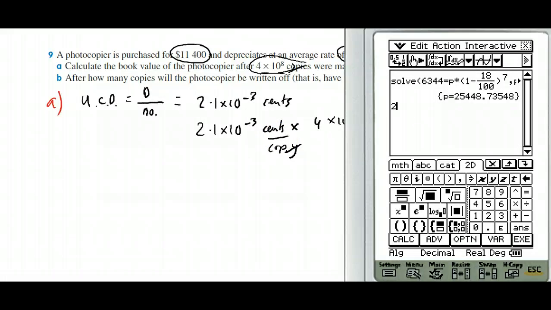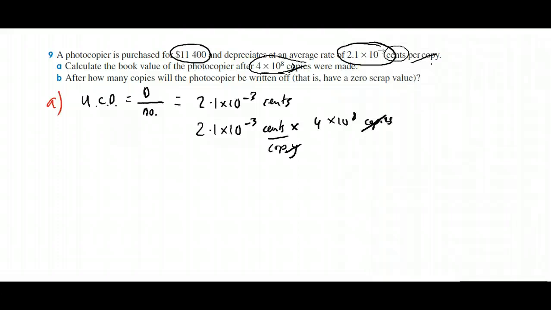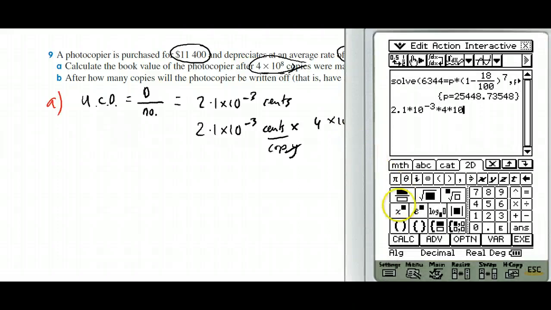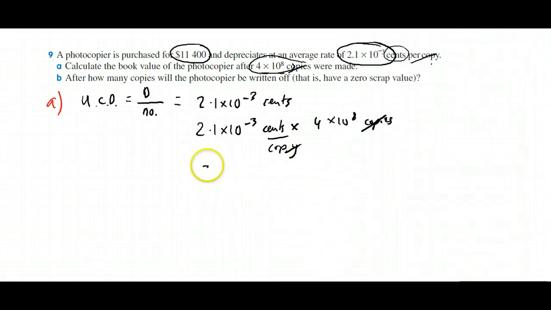So 2.1 times 10 to the power of negative 3, and then we need to multiply that by 4 times 10 to the power of 8. Okay, and we get 840,000 cents.